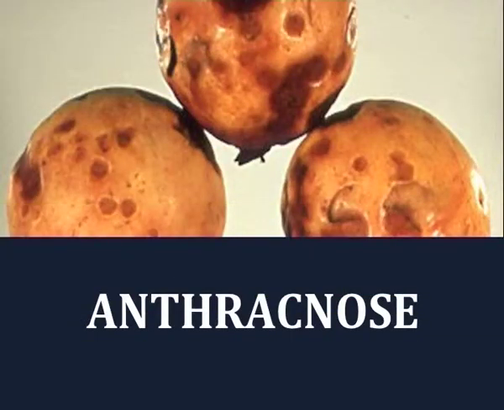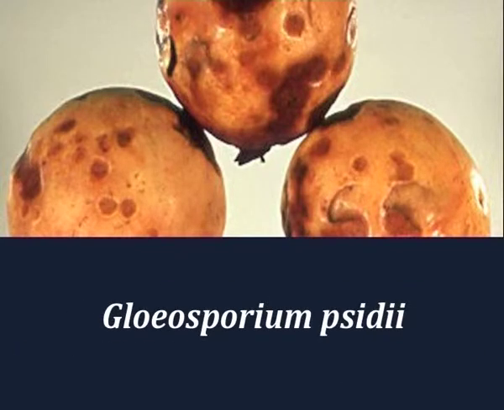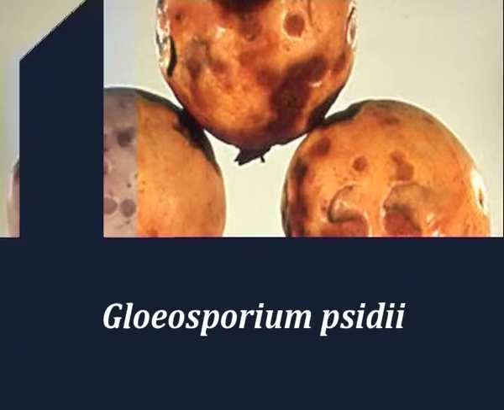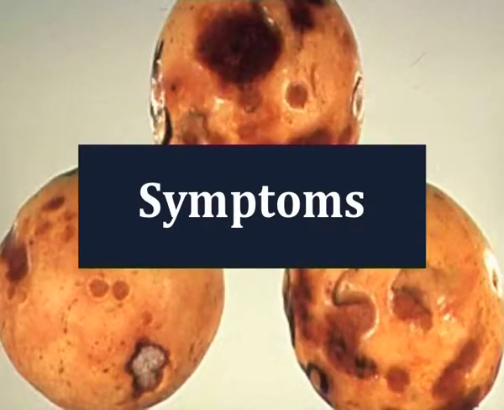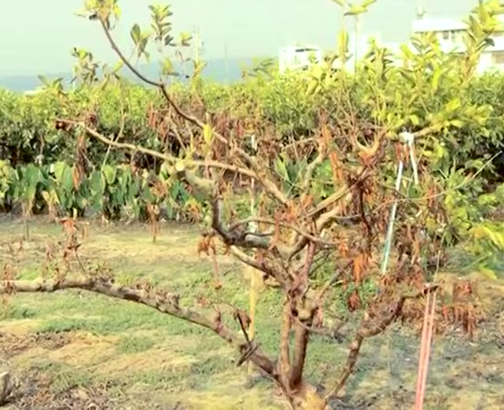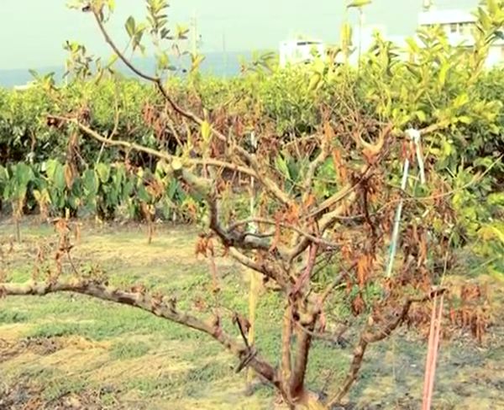Next, see another important disease, that is anthracnose. It is caused by Gloeosporium psidii. Now coming to the symptoms of anthracnose. First is the dieback phase. The plant begins to die backwards from the top of a branch.